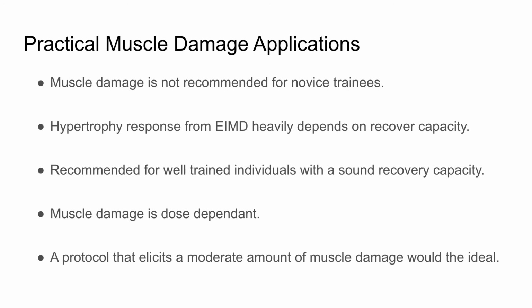Therefore, muscle damage as a mechanism for hypertrophy is recommended for well-trained individuals with a sound recovery capacity. Considering the hypertrophic response from muscle damage is dose dependent, a protocol that elicits just a moderate amount of muscle damage is ideal.